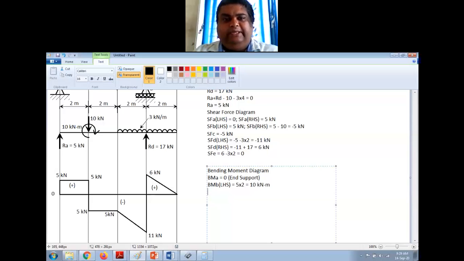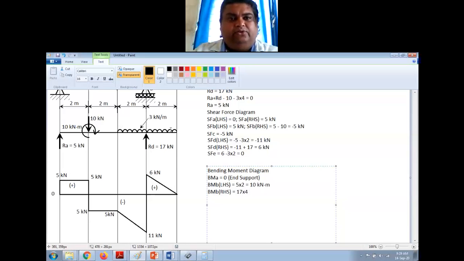Now considering the right hand side, BM at B RHS. Let me start with this. This is upward, so that will make a positive moment. 17 into perpendicular distance I'm taking at B, so this will be 4. So into 4, right?